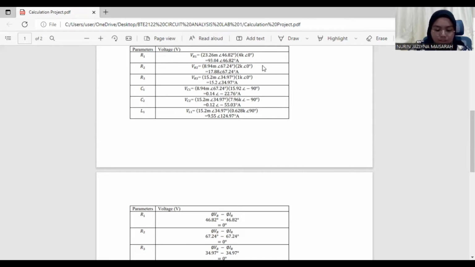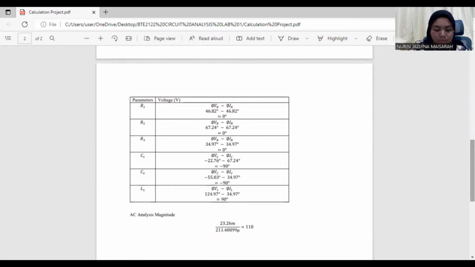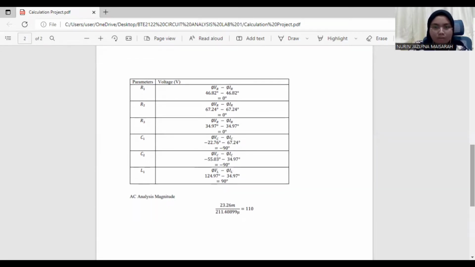Then after getting all the results of current and voltage, we can proceed with the calculation of phase difference, with the purpose to see which one is leading and which one is lagging for the voltage and current of each impedance. After doing all the calculation, now it's time for the simulation.